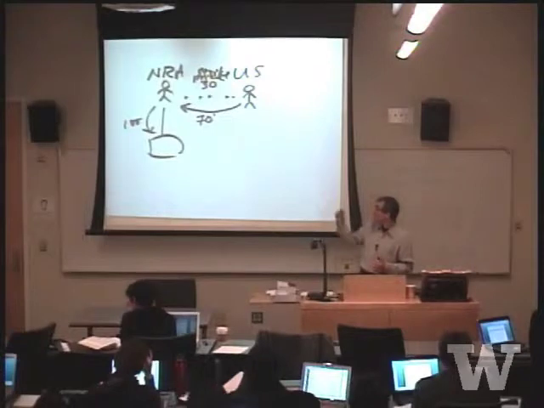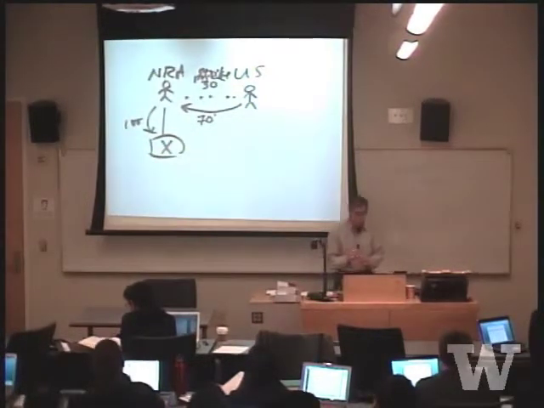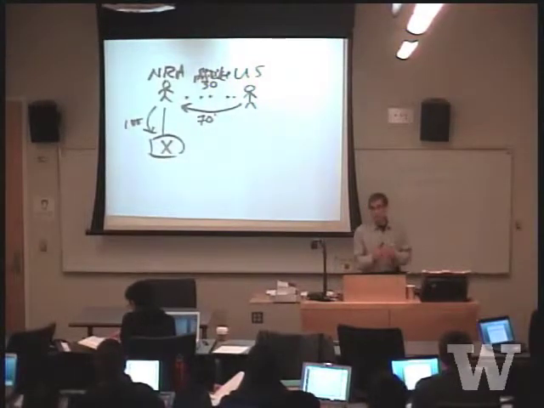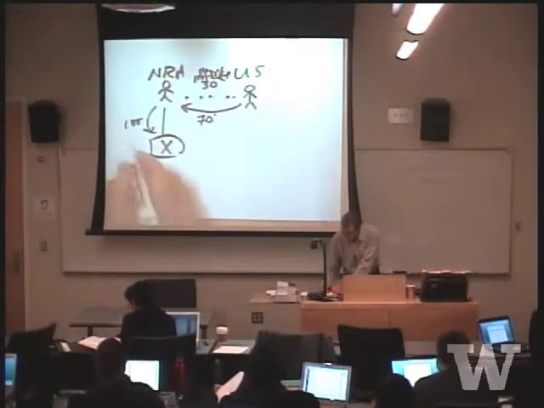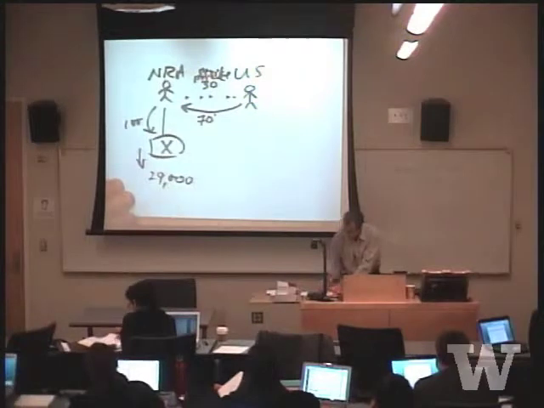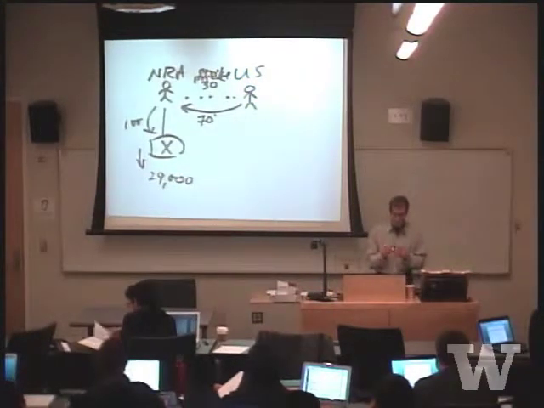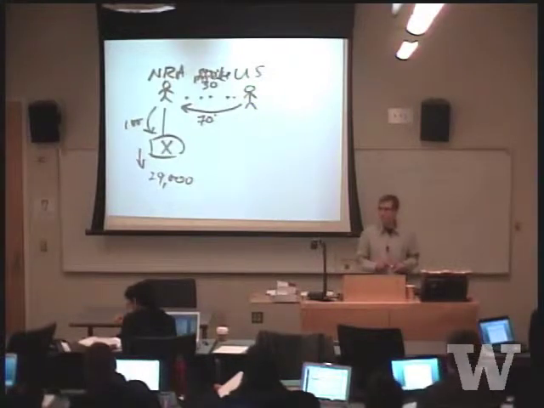Now, if the business of this company X had a lot of losses unexpectedly, and the value of this company fell, let's say, to $29,000, would the U.S. person still want to buy it?